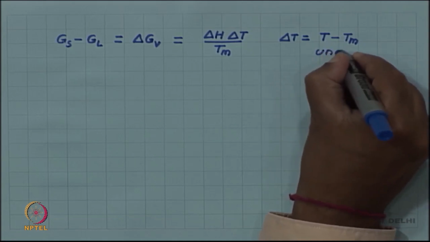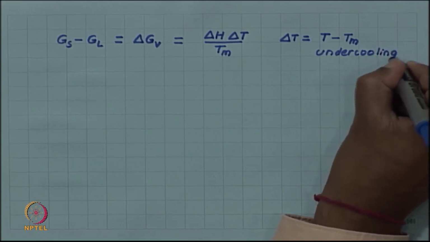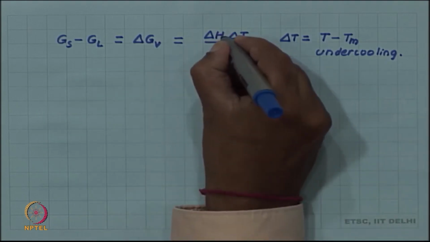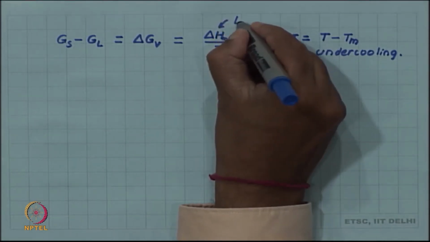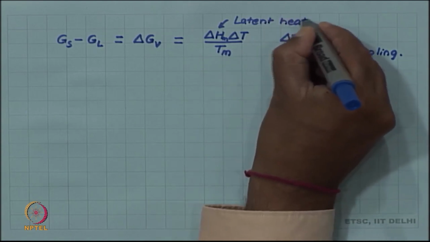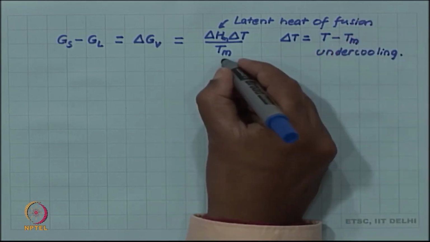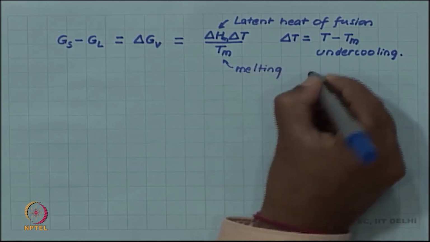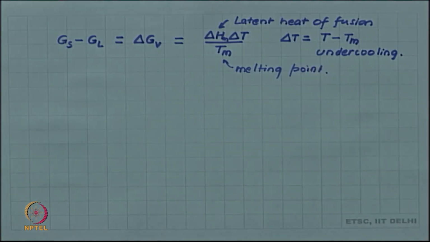This was the undercooling. And I can write it as delta Hm. So, this is the latent heat of fusion. And this is the melting point. We had derived this expression in a previous video.